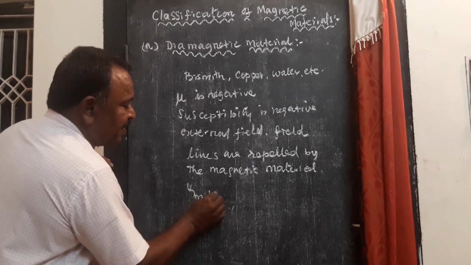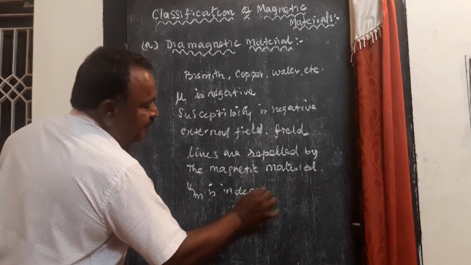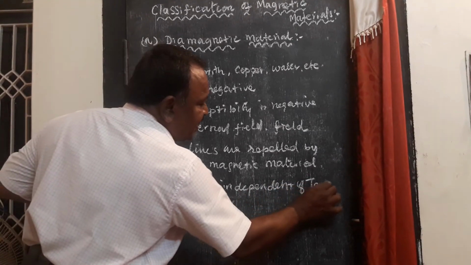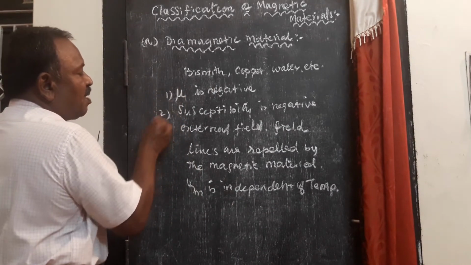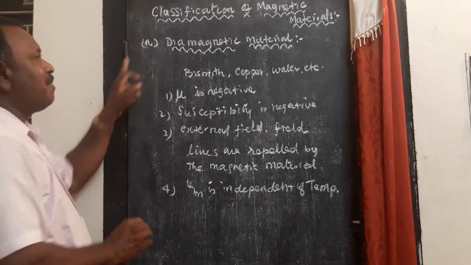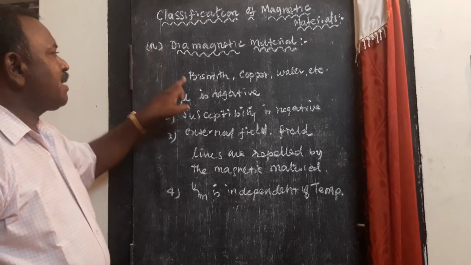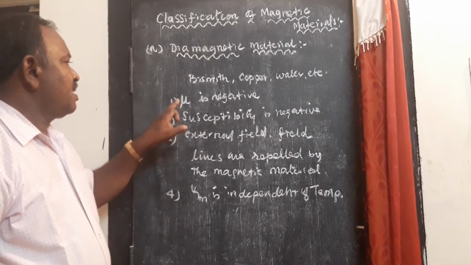Susceptibility is independent of temperature. So these are the properties of the diamagnetic material. Examples for diamagnetic material: bismuth, copper, water.